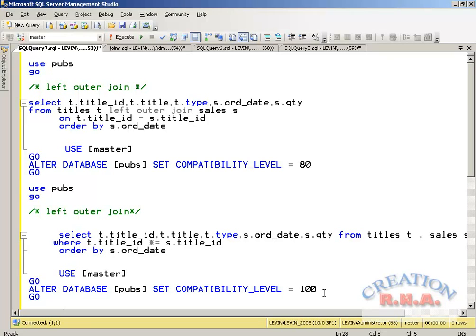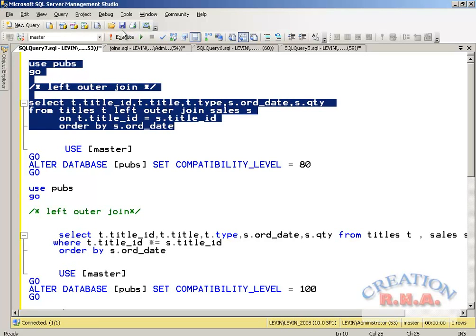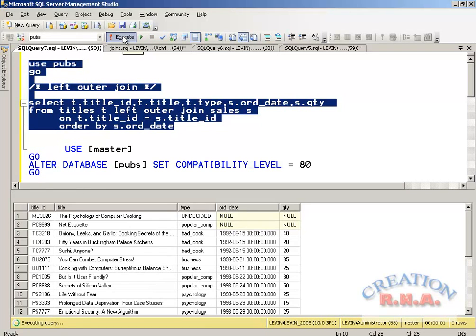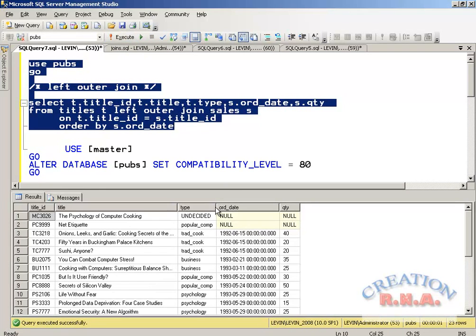Let's take this example now. This is the left outer join. I have already explained what it does. Now let me execute it. This gets executed. There we are. As you can see, there are null fields.